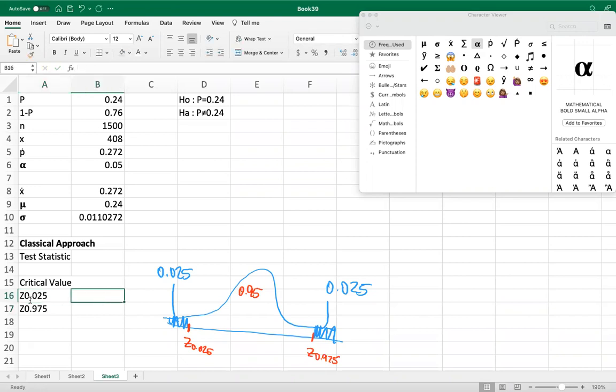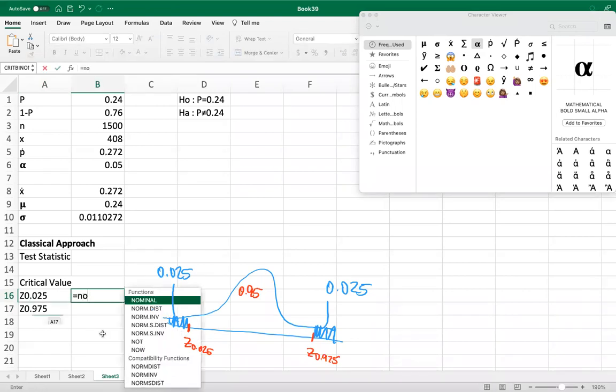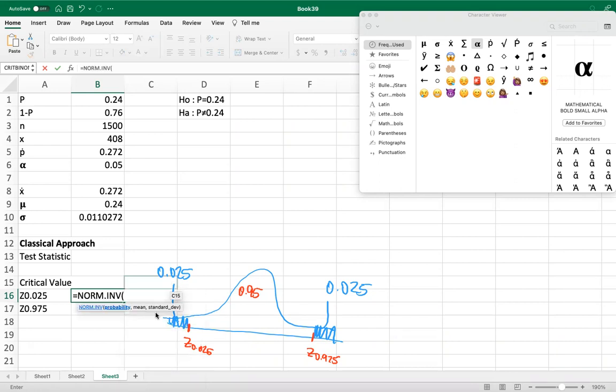These values are coming from the standard normal distribution. So here, normal distribution, do we need an area or do we have an area? This time we have an area that we're looking for the associated z-score for. So here we're going to have inverse norm. Probability is going to be the area, so 0.025 for this one, because that's the one we identified here.